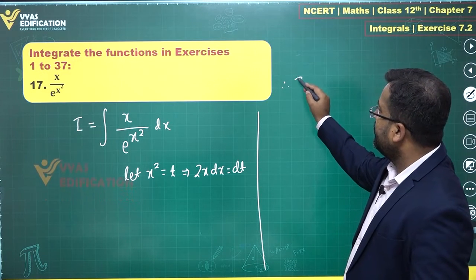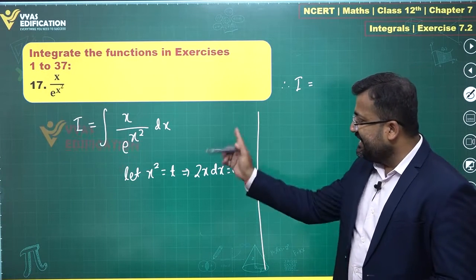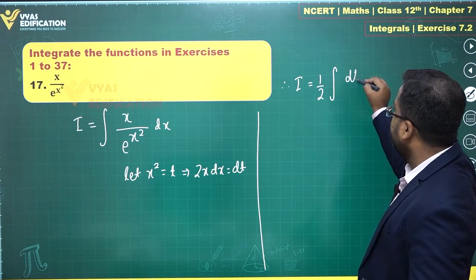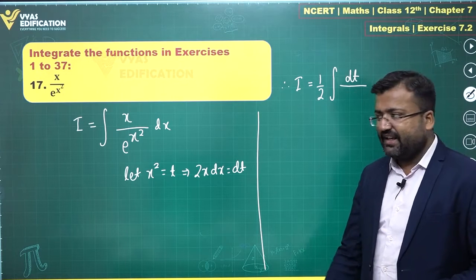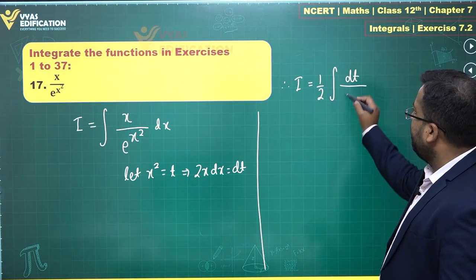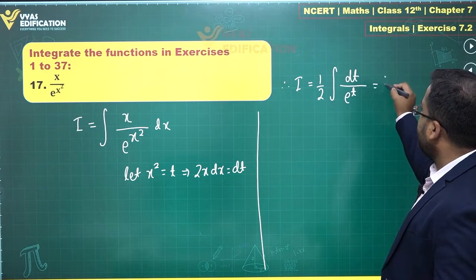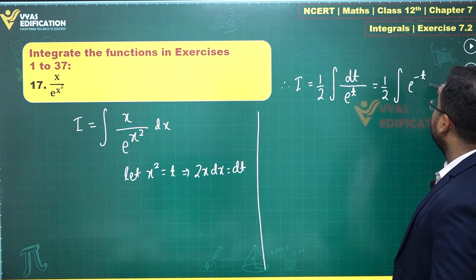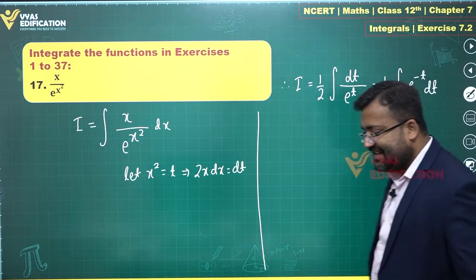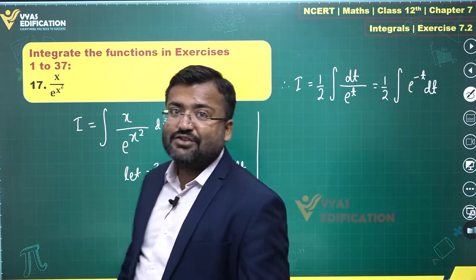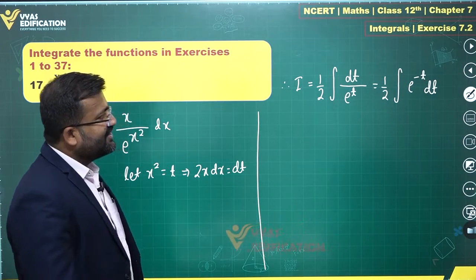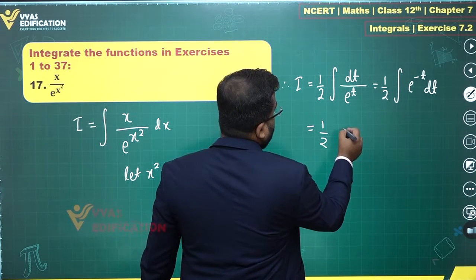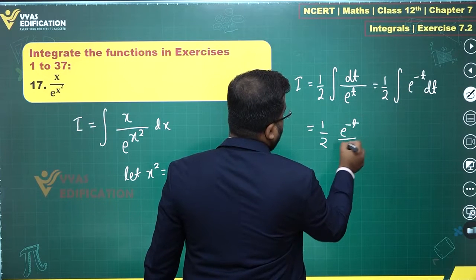Therefore, I becomes equal to what? x dx is 1 upon 2 dt. Okay, 1 upon 2 can come outside the integral, and in the denominator, you will have e power t. This is actually 1 by 2 integral of e power minus t dt. Okay, that's interesting. E power minus t has to be handled now. Once again, this is a linear function, and this is equal to 1 by 2 e power minus t upon minus 1.